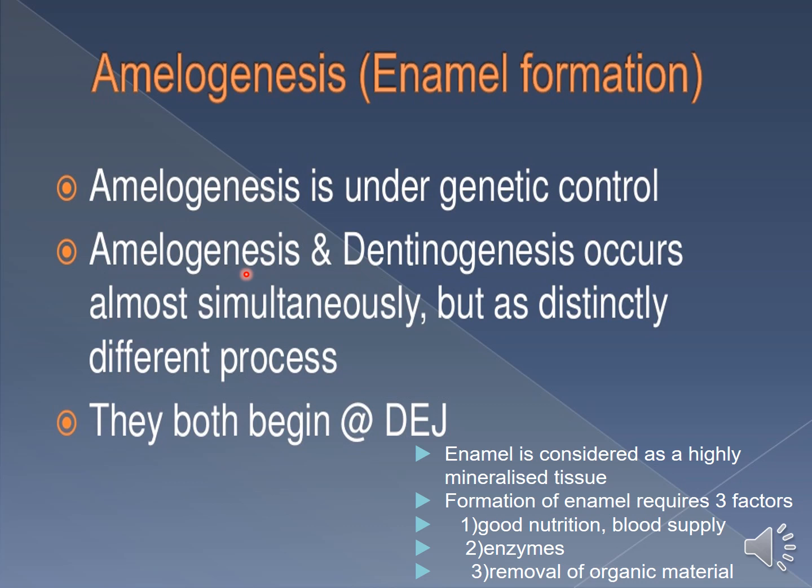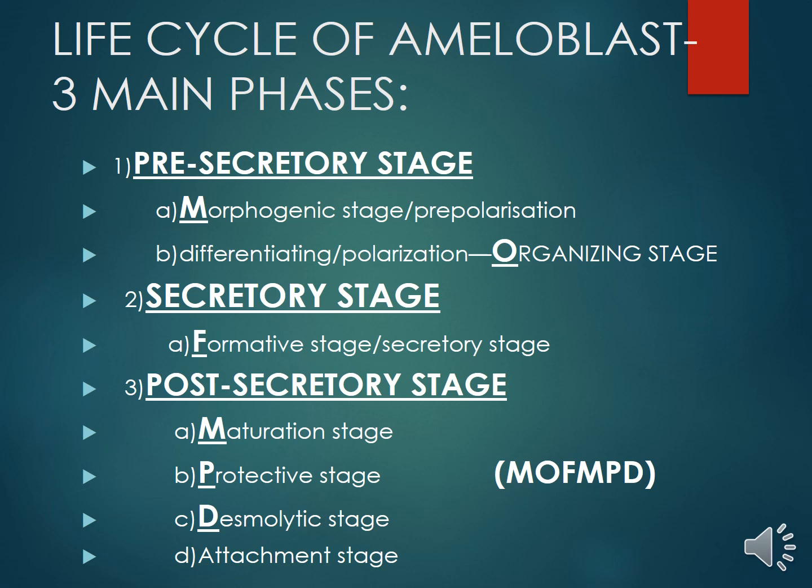So one thing we have to remember here is the first tissue in the tooth which formed is the dentin, not the enamel. Only after a layer of dentin is laid down, the ameloblast will be stimulated, and which helps in the formation of enamel. Both enamel and dentin formation begins at the dentino-enamel junction. So this life cycle of ameloblast or the amelogenesis is explained by various stages and phases.